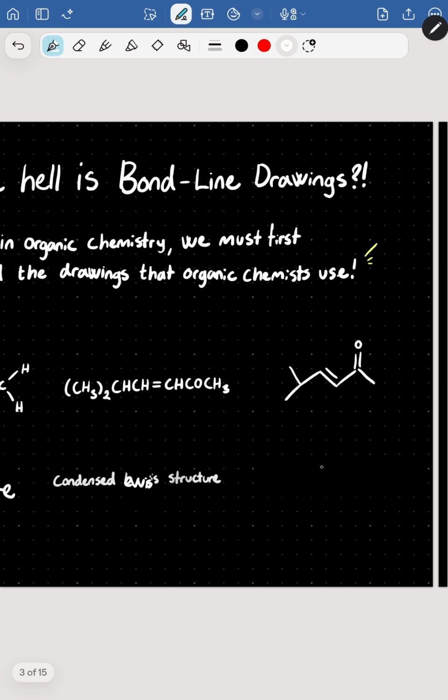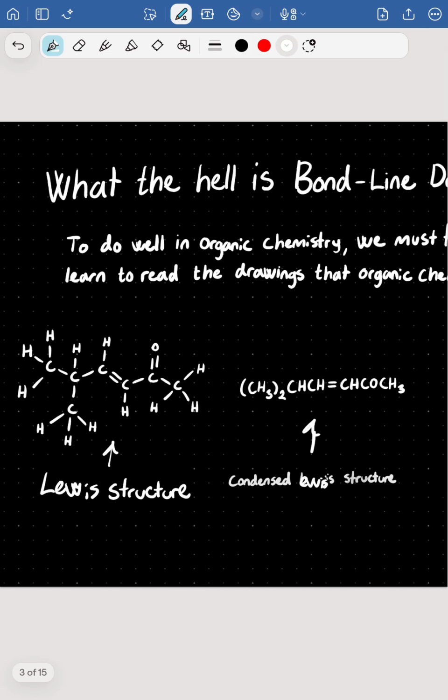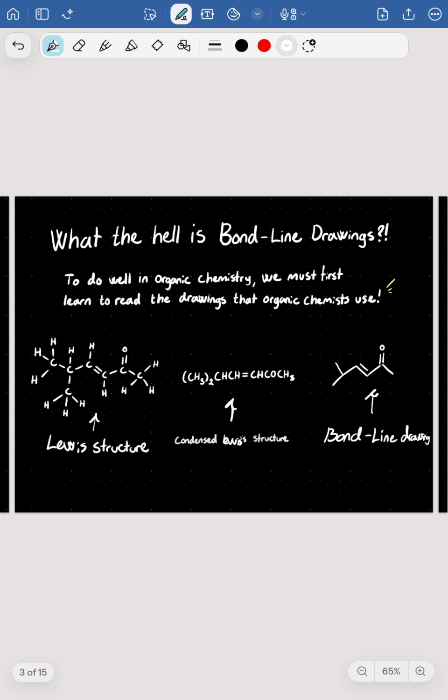And this is what we call a bond line drawing. This is a bond line drawing, this is a condensed structure, and this is a Lewis structure. So we have 3 ways to draw a molecule in organic chemistry.